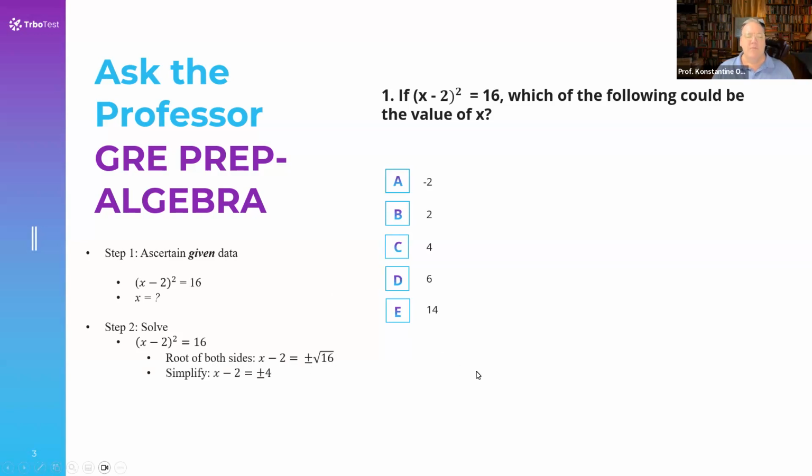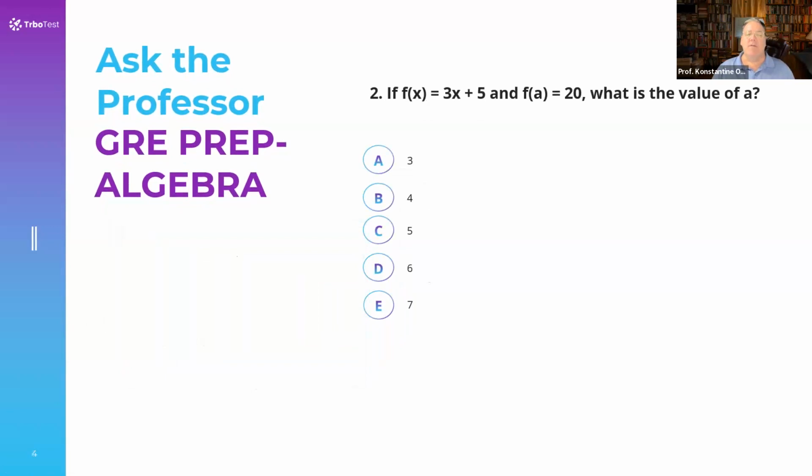The next thing we do is simplify. x − 2 is the same thing as the square root of 16, which is ±4. So the answer is either positive 6, which is letter D, or negative 2, which is letter A. So both letters A and D are correct answers to this problem.